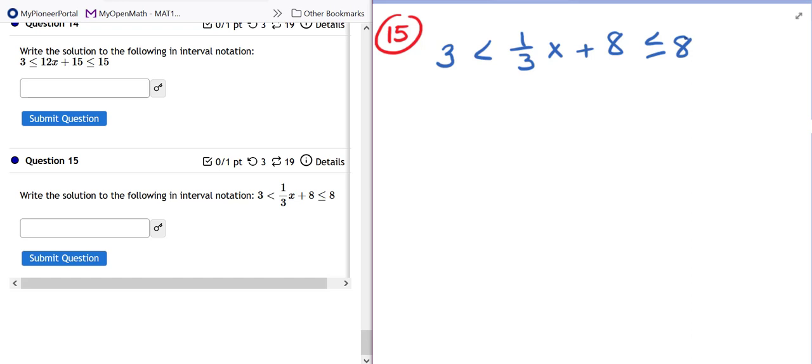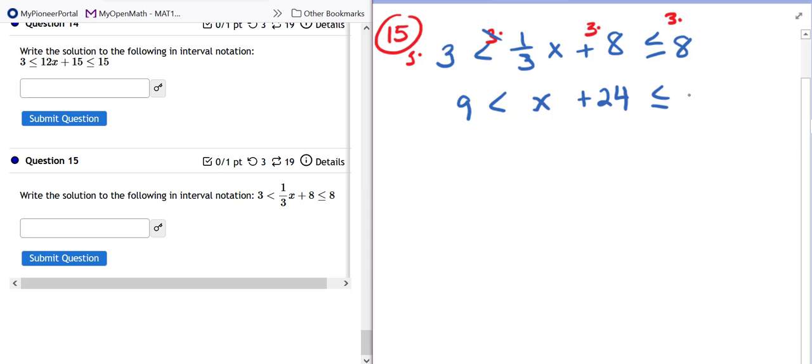Common denominator is a 3, so let's multiply across by a 3. Remember, you have to do every single piece to be able to do that. And so 3 times 3 gives us 9. This one cancels, so we have 1x there. 3 times 8 is 24. And this one is 24.